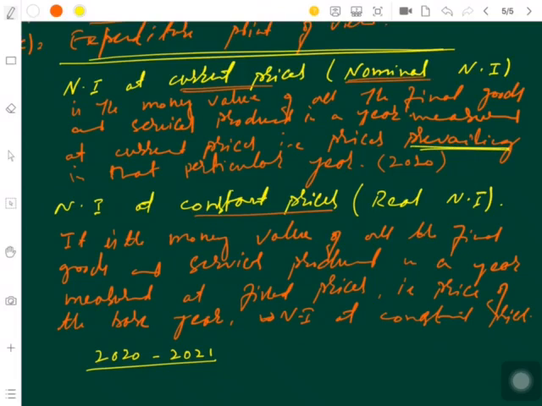But it is not a true measure, because there are a lot of fluctuations which take place. So what is being done? We take a base year. That base year is free from all kinds of problems.